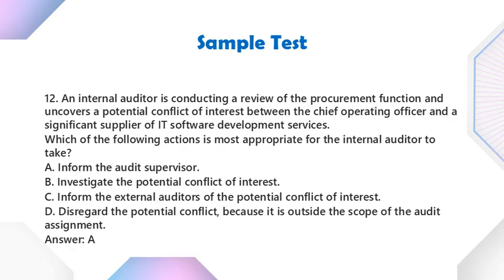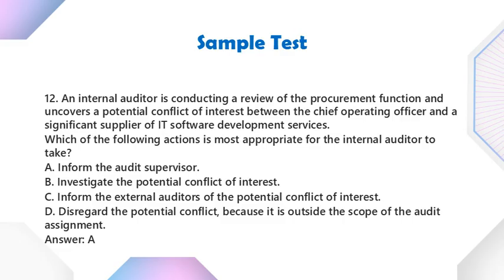12. An internal auditor is conducting a review of the procurement function and uncovers a potential conflict of interest between the Chief Operating Officer and a significant supplier of IT software development services. Which of the following actions is most appropriate for the internal auditor to take?